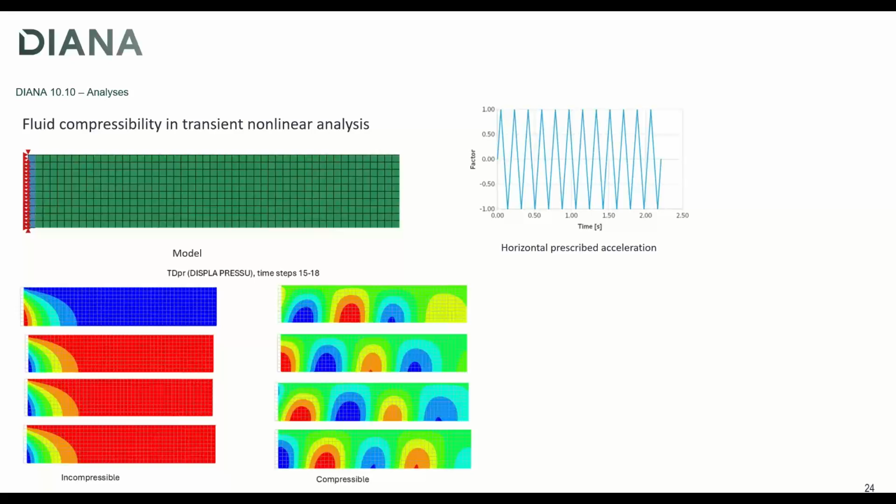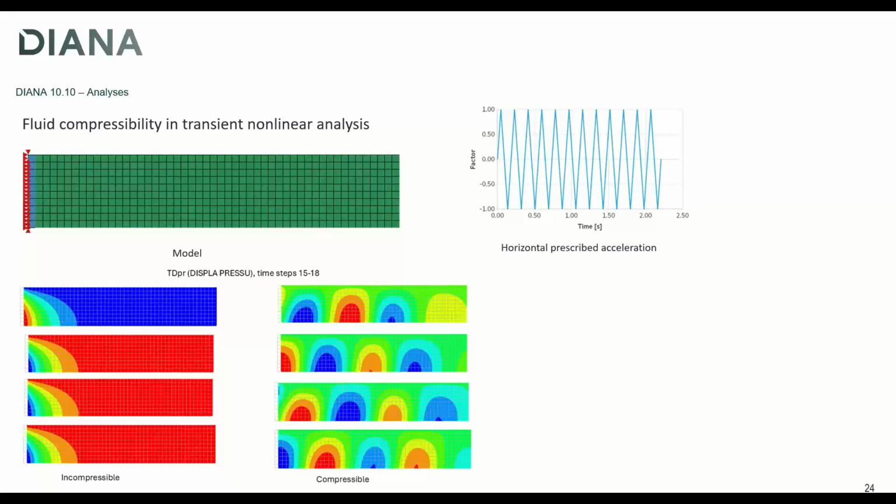And we see a sharp difference. In case of the incompressible assumption, the effect remains very close to the dam in the fluid part. On the other hand, in case of compressible fluid, it is spreading towards the far field, and the elastic wave is quite visible.